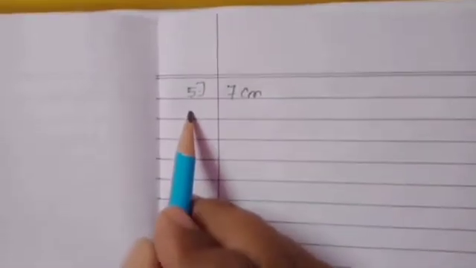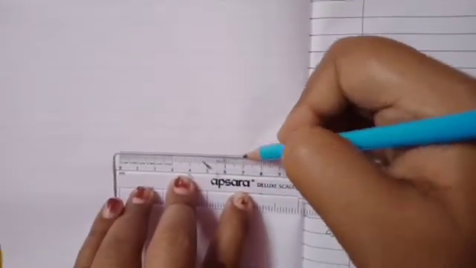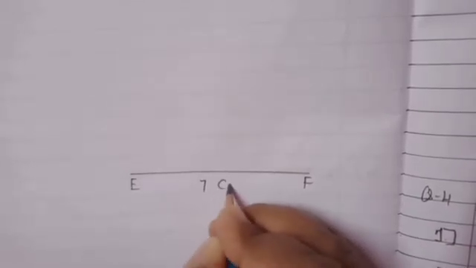Now number 5, 7 centimeter. So we have to draw a radius of 7 centimeter, from 0 to 7. We will give the name, 7 centimeter.